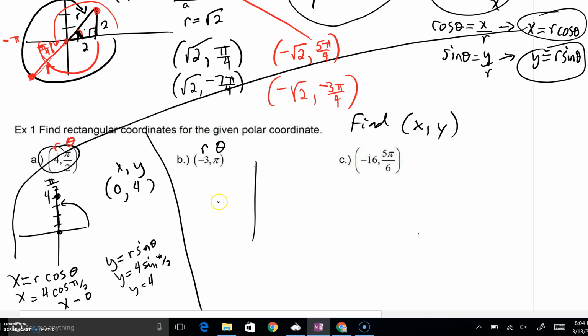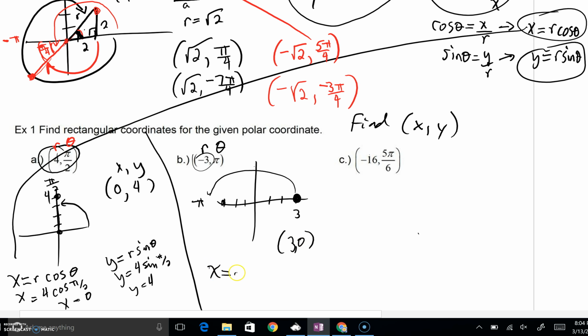Obviously, when we're looking at pi, you would be coming over this way, and with a negative 3, you would think that you're going to be here on this negative x-axis, but the negative r actually projects this point 180 degrees in the opposite direction. It's actually going to land right here where I just drew a dot. This is going to be the point 3, 0.